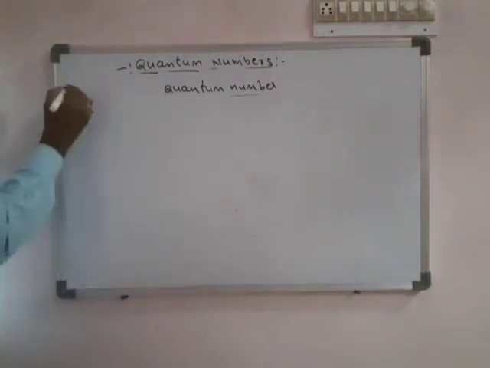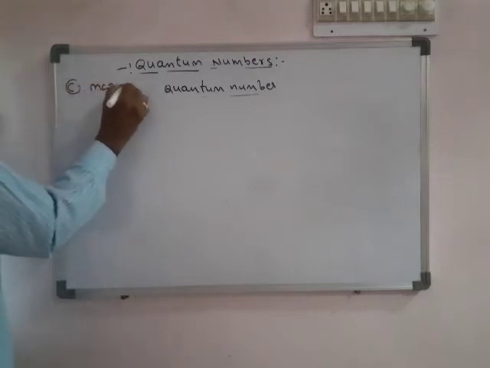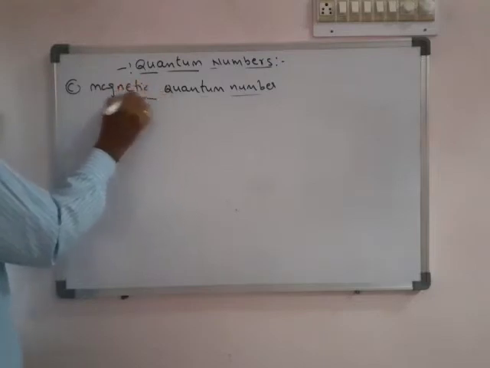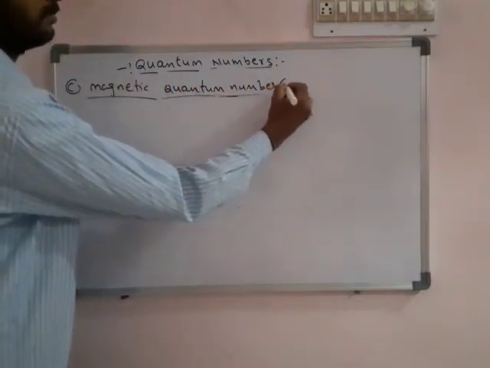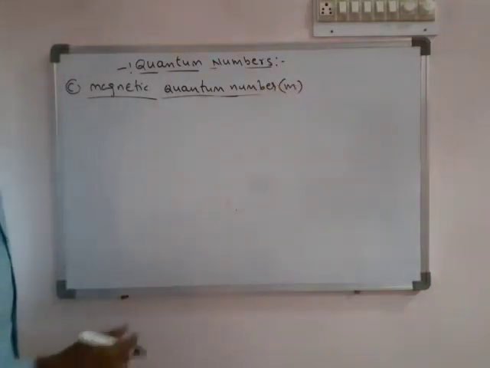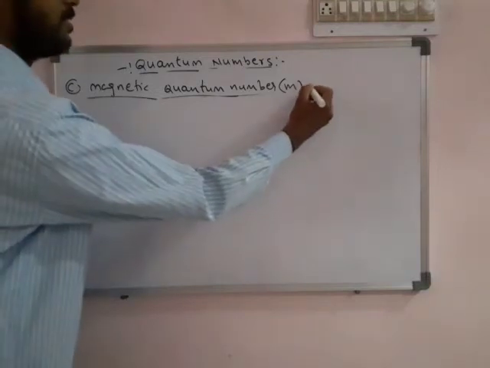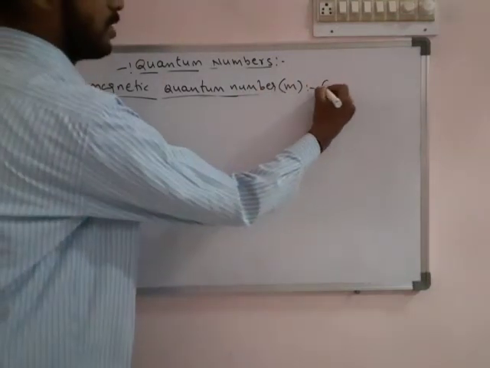Magnetic quantum number. So the magnetic quantum number is indicated by m, and it was introduced by Goudsmit.